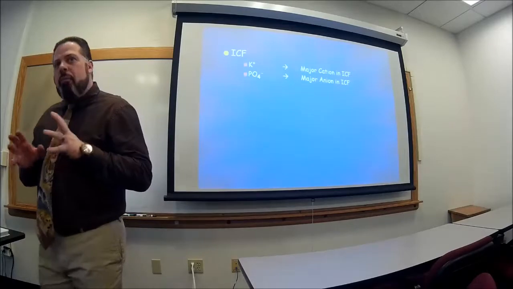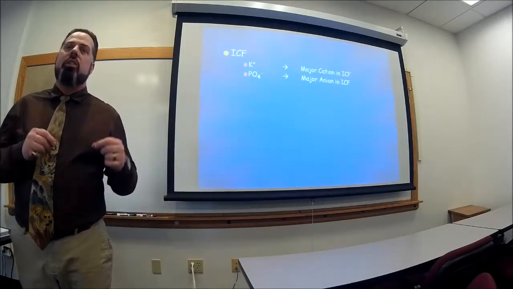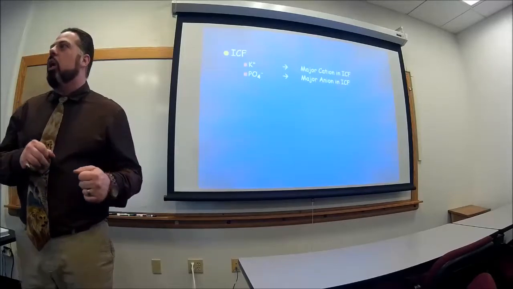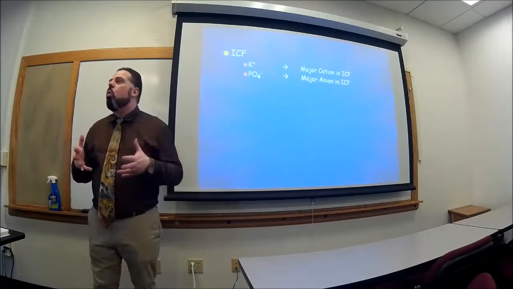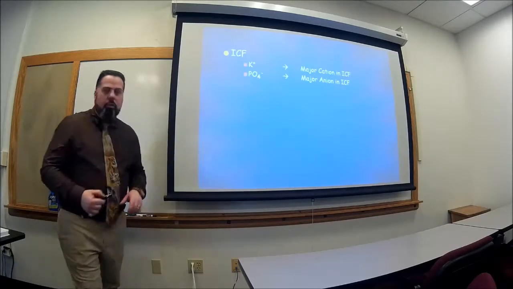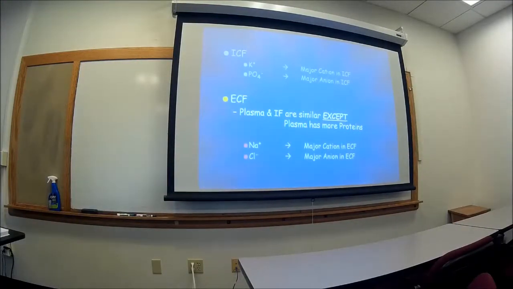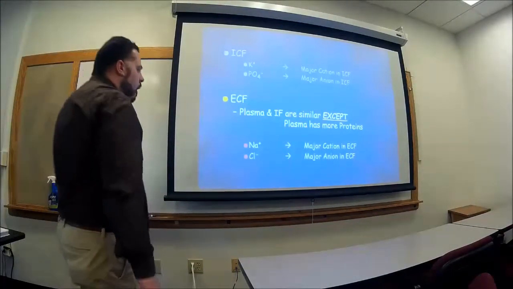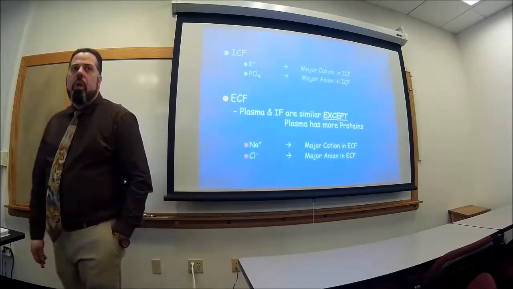Now that does not mean that there's potassium found only inside the cell. There is potassium outside the cell too. It's just that there's more inside, okay? When we're dealing with the extracellular fluid, the most abundant cation outside is going to be sodium, and the most abundant anion is going to be chloride, okay?